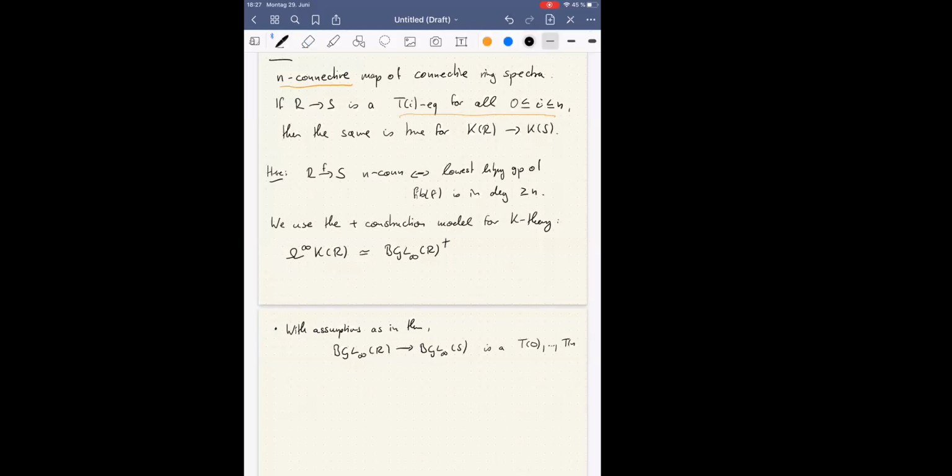By the way, I think I did not say this, but maybe it's understood that if I say Tn equivalence, I mean it's an equivalence after tensoring with Tn, or equivalently after Tn localizing.